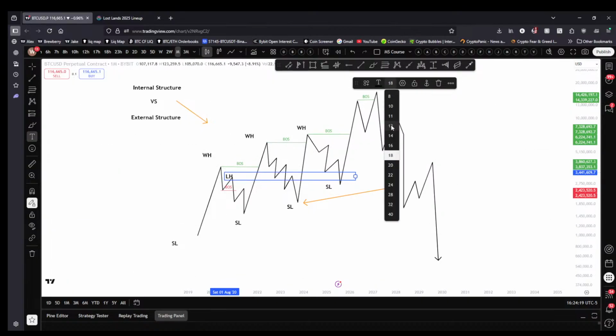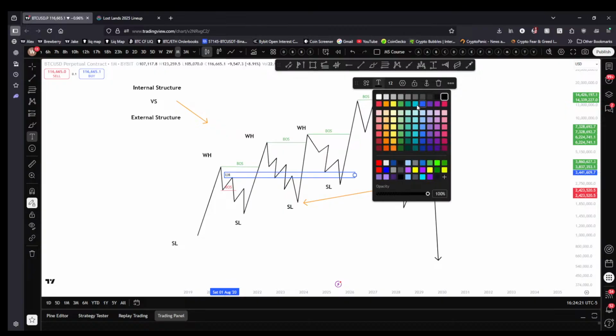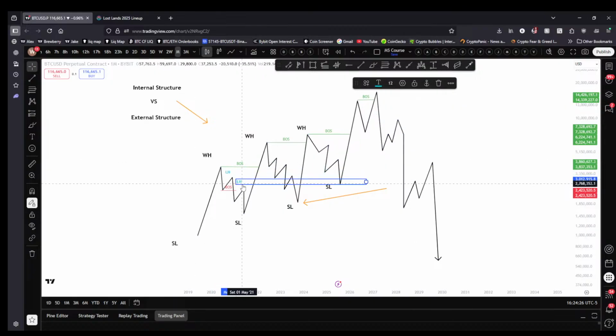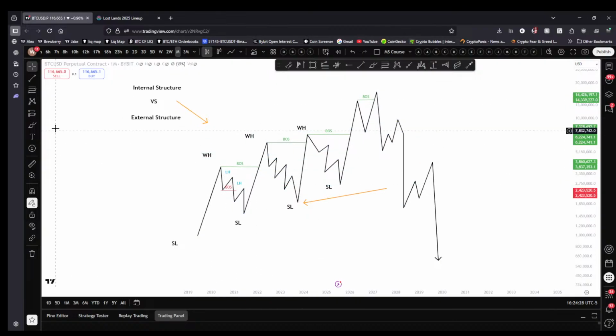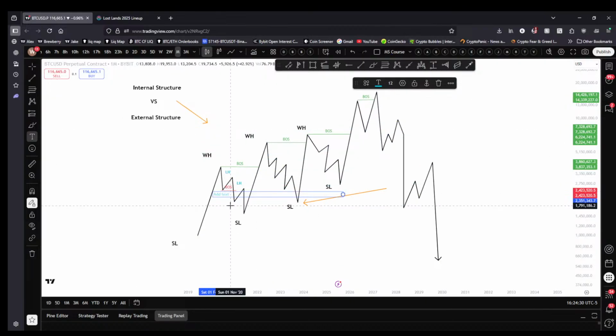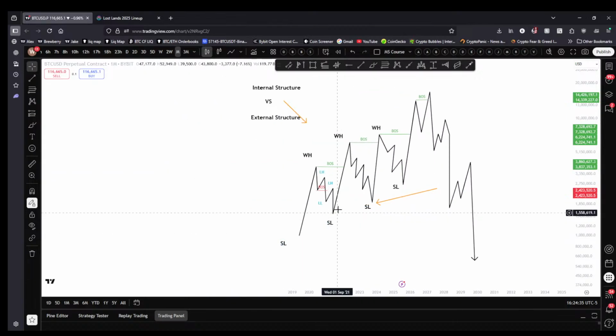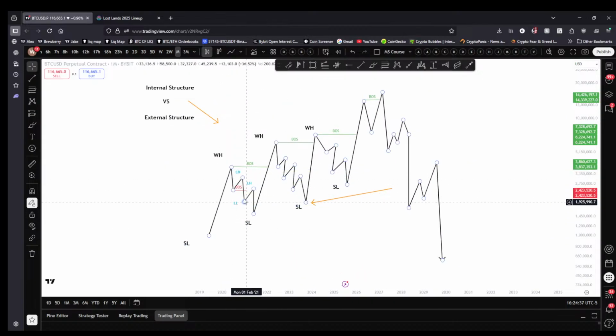Let's make this small. And let's signal that it's internal, right? And you have a lower low. Right? So your internal structure has flipped bearish because this is your high, this is your low, and all of this price action is internal to our core structure. Okay?